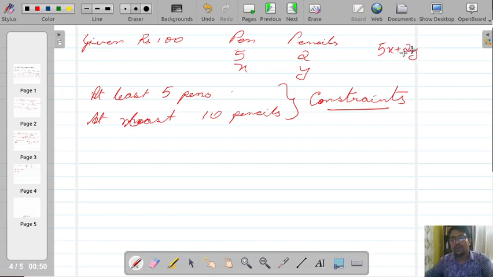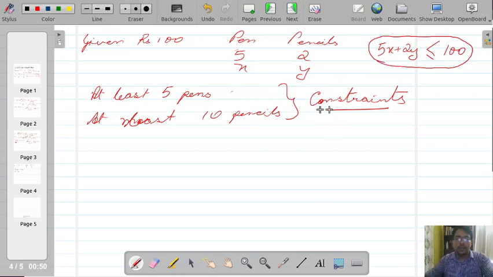Whatever amounts of x and y you take, this should not exceed 100. Because you are given only 100 rupees, you cannot pay the shopkeeper more than that. So one constraint in the earlier case is this.